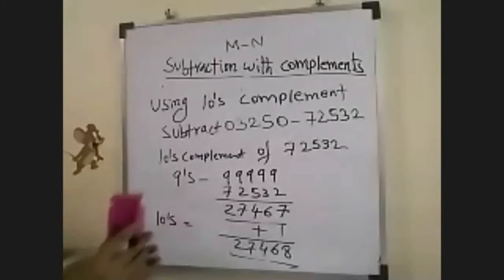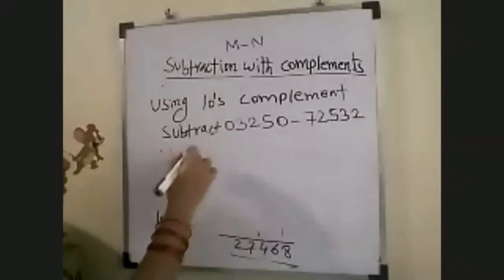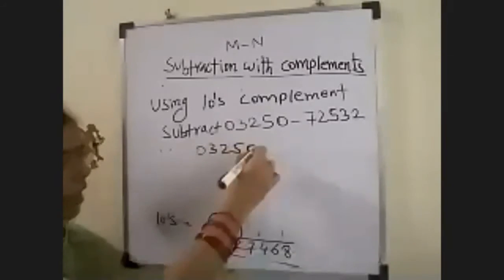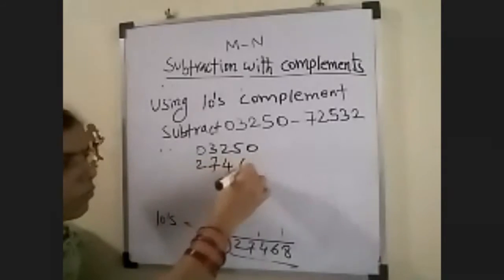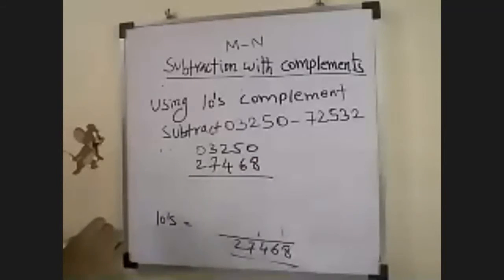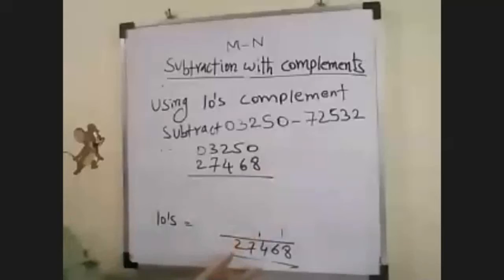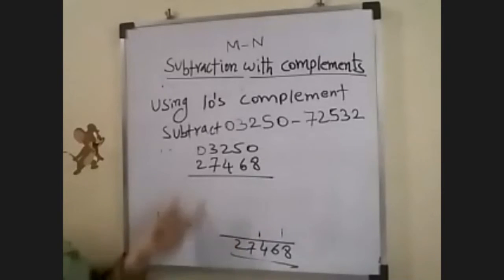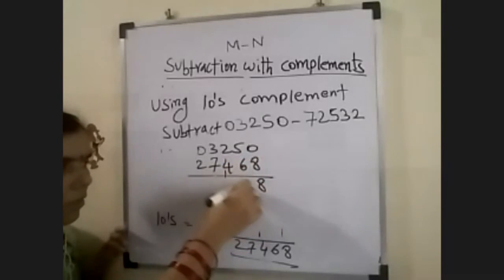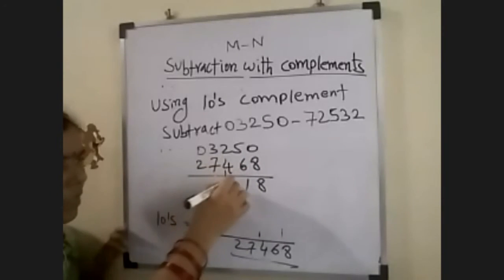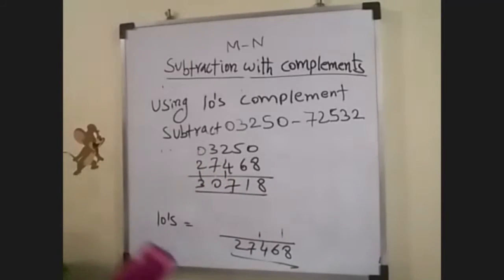So now we add 03250 and the 10's complement of 72532, which is 27468. 0 plus 8, 8; 6 plus 5, 11; and 5, 7, 10, so 30718, right? Yes, ma'am. 30718.